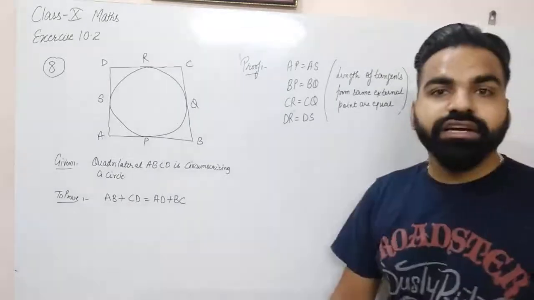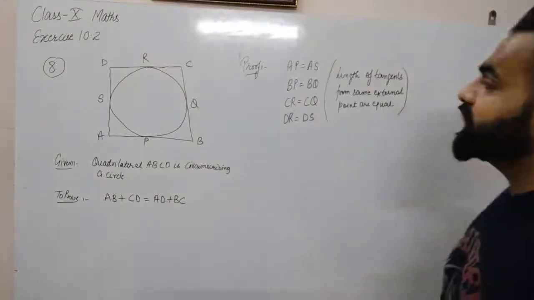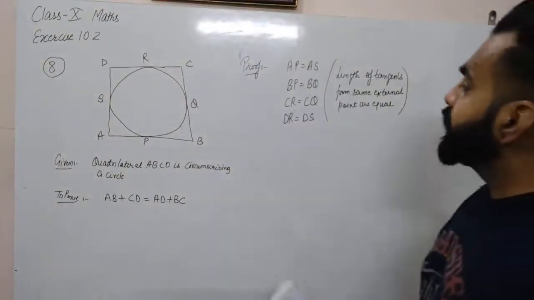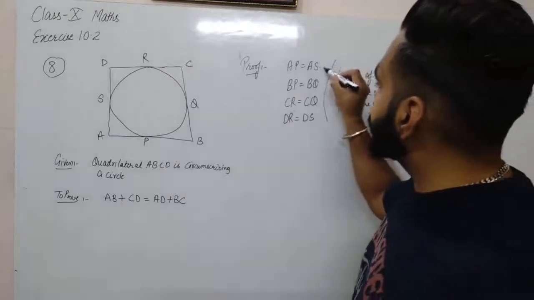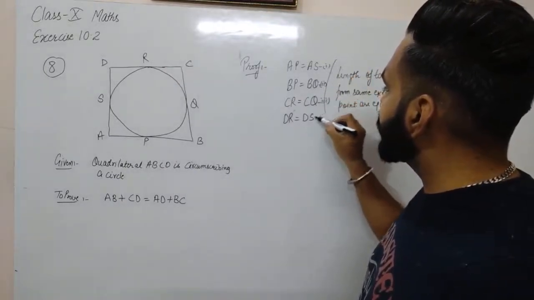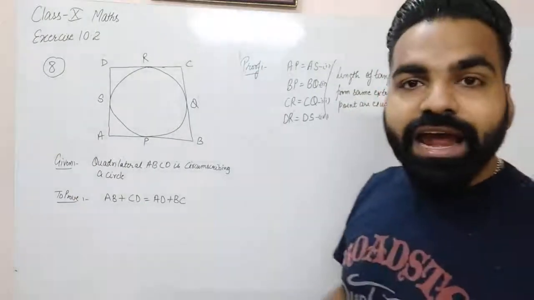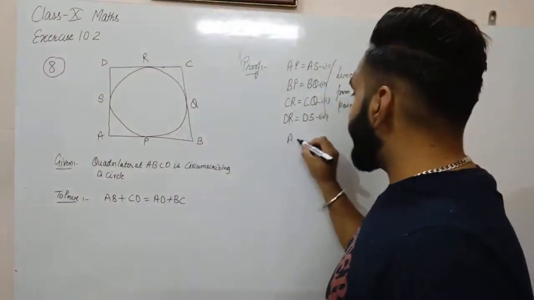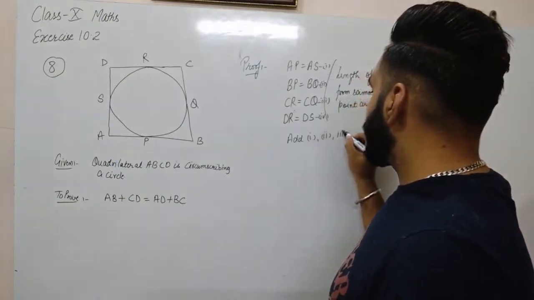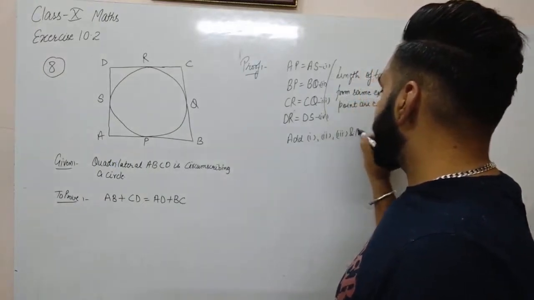Whenever the tangents are drawn from the same point to the circle, the tangents are equal in length. Now say this is equation 1, 2, this is 3 and this is 4. So we will add all these equations. So add 1, 2, 3 and 4.